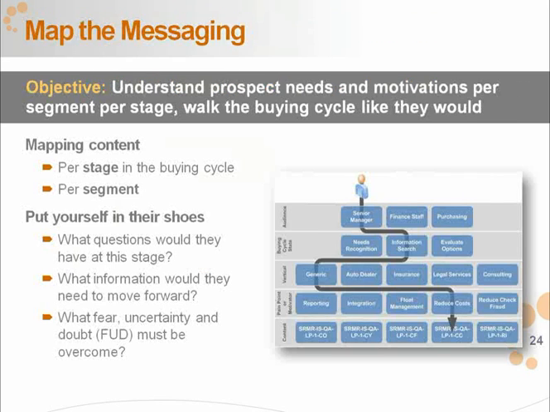So as we move on to the next slide, we talk about mapping the messages. So we go through the buying cycle. We've identified and overlaid the segments onto the buying cycle. And we finally get to a point where we're able to define our messaging.